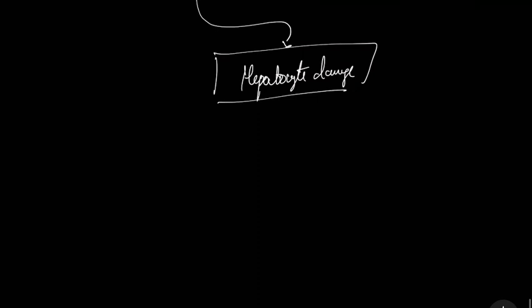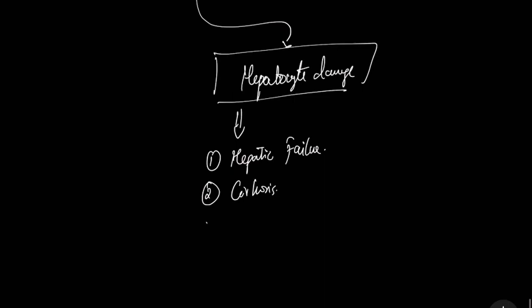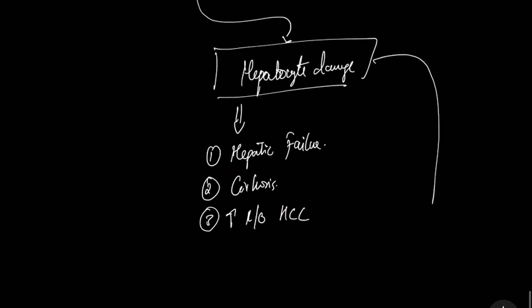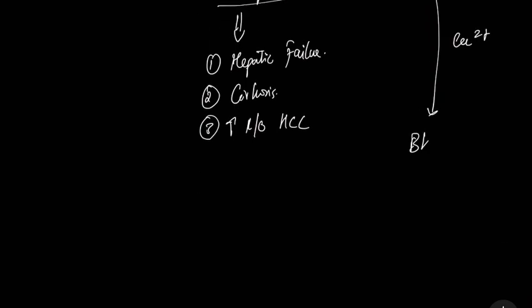Now, this leads firstly to hepatic failure, second, cirrhosis, and thirdly, this increases the risk of hepatocellular carcinoma. Because of this hepatocyte damage, the copper starts moving into the blood.